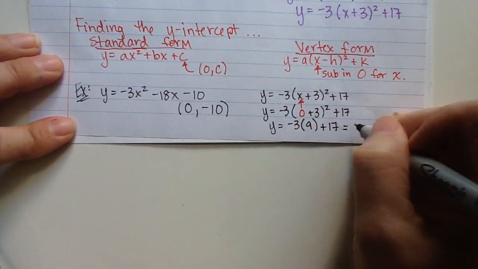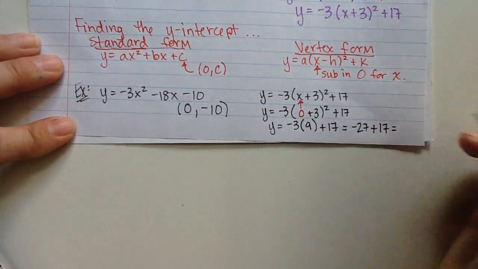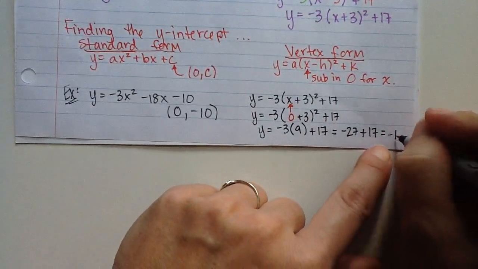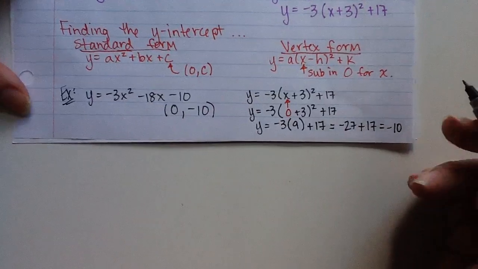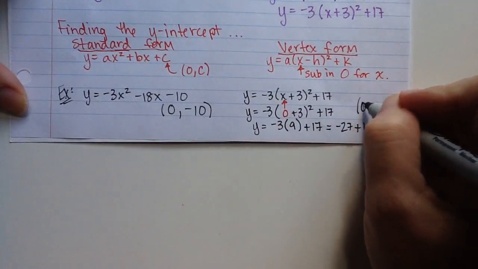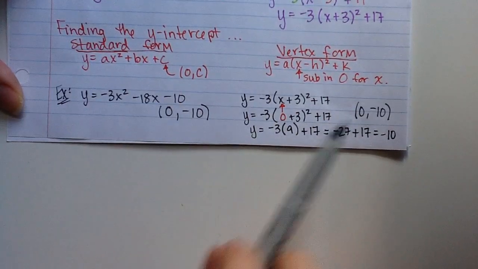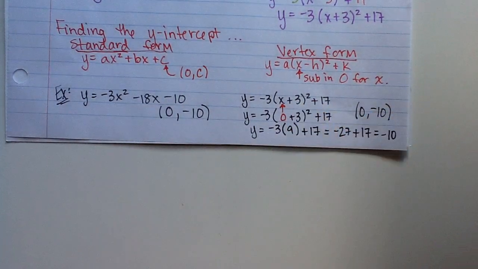Negative 3 times 9 is negative 27, plus 17 gives me negative 10. So the y-intercept, when I have it in vertex form, would be 0 for the x-coordinate, negative 10 for the y-coordinate. So you see we get the same y-intercept. It's just a little bit more work there.